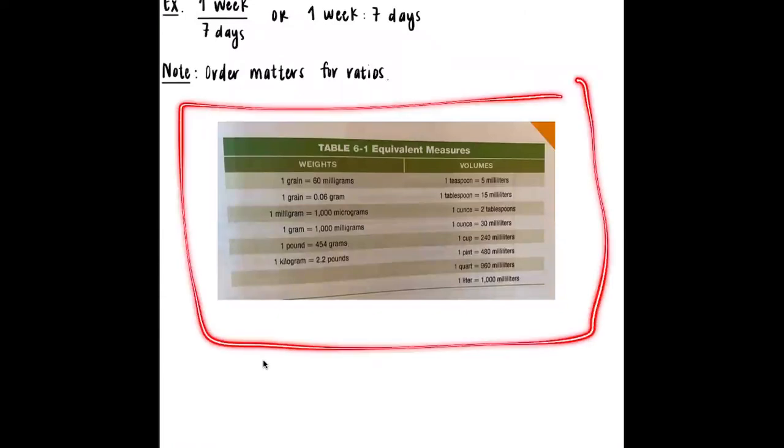Here we can see a table that I've attached from the booklet. It's just another list of equivalent measurements. Remember, if I ask on the final exam any measurement outside of the metric system, like pint, cup, ounce, all that good stuff, I will give you this information, especially because some of it may be approximations.